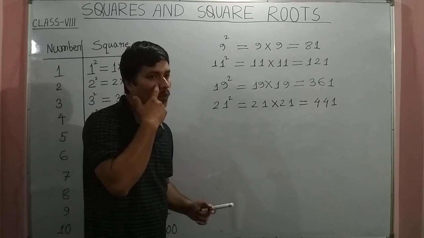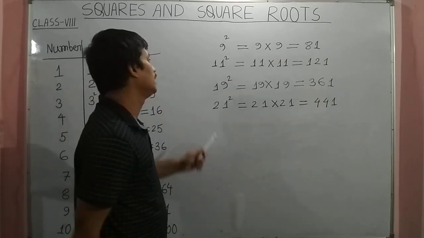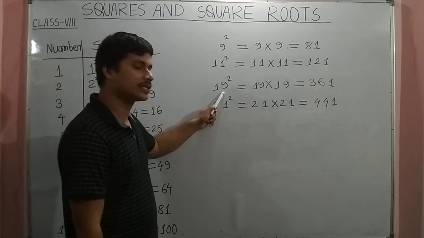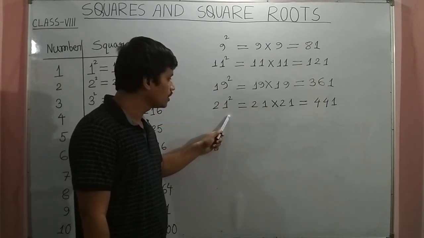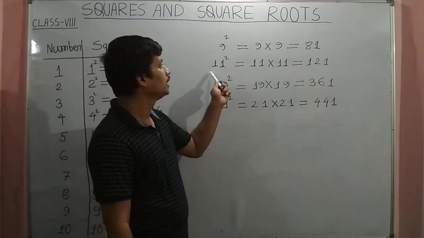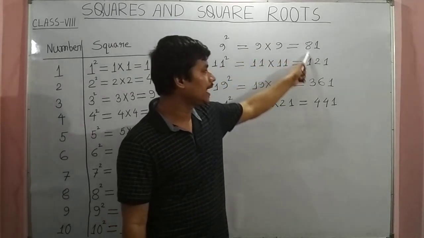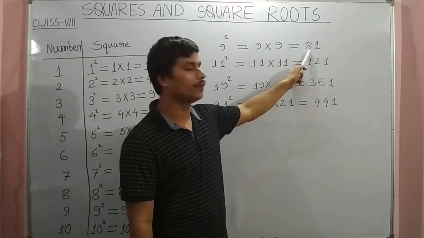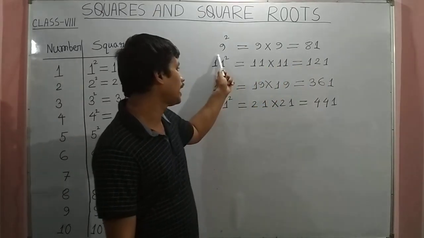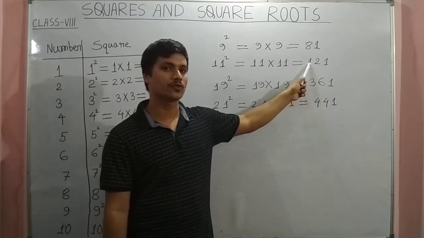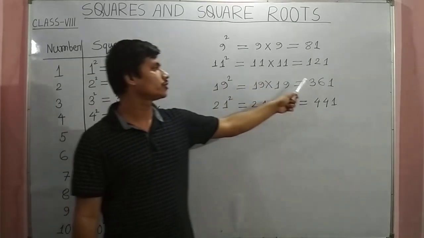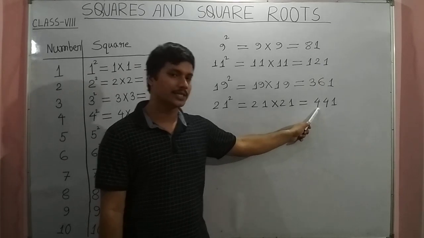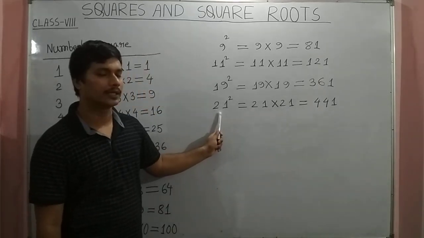Students, see here 9, 11, 19, 21. What is the units place here? Here the unit place is 9, here 1, here 9, here 1. And these are the squares of these numbers. 81 is the square of 9, 121 is the square of 11, 361 is the square of 19, 441 is the square of 21.